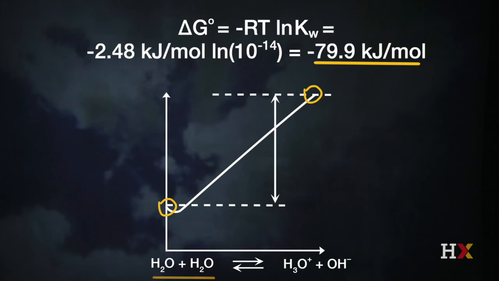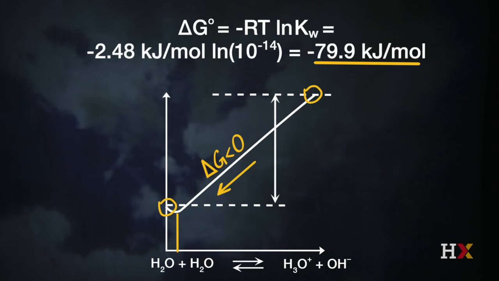But the important thing here is that while this reaction is spontaneous as it moves downhill from H3O+ and OH- to water, it reaches an equilibrium that is very far to the left, that is almost entirely shifted toward H2O itself.